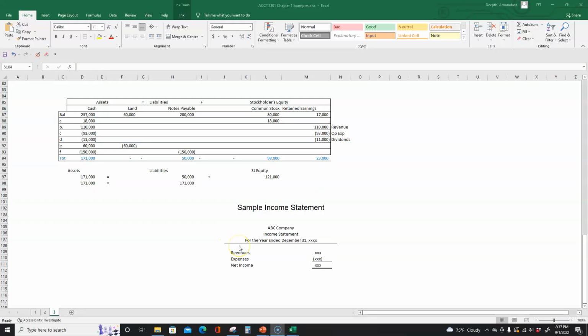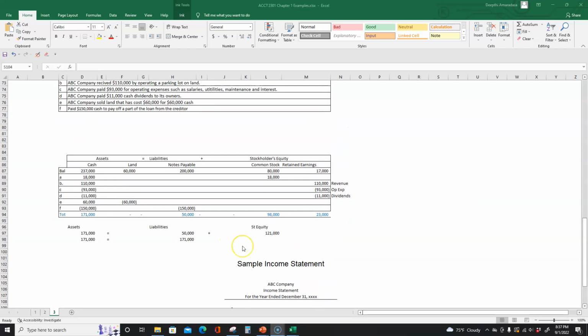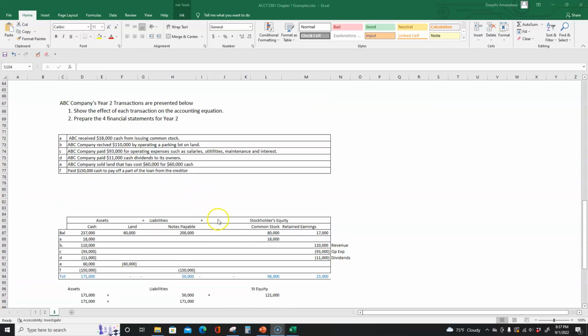Here's the example we were working on for ABC Company's Year 2 transactions. In the previous video, we saw how those transactions affected the accounting equation, and then we have balances for the accounts at the end of the year. Now we're going to use that information to prepare the income statement.